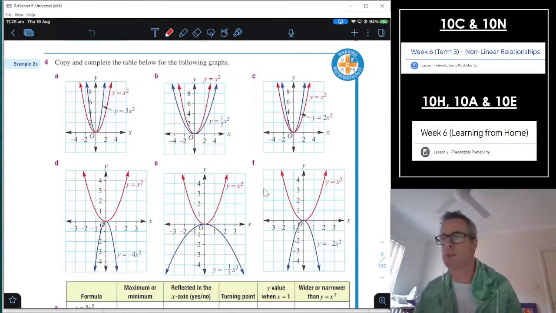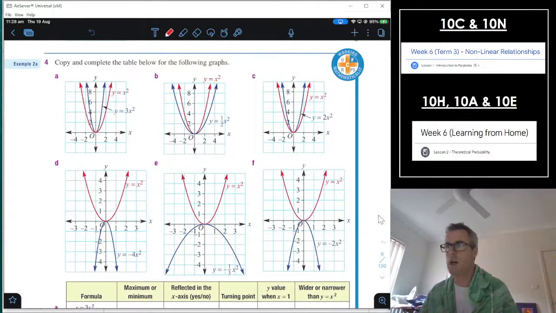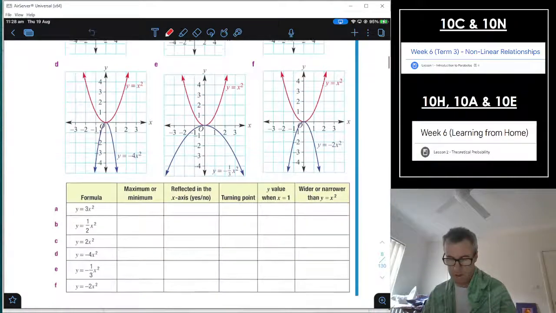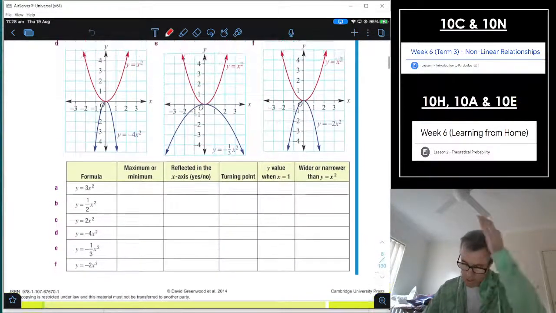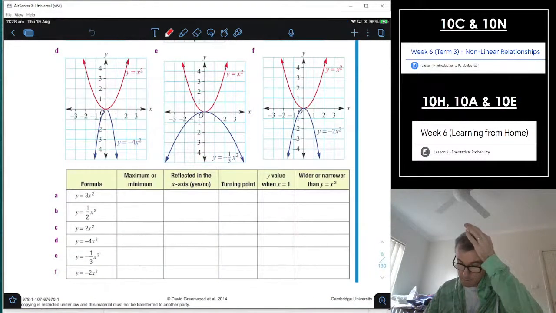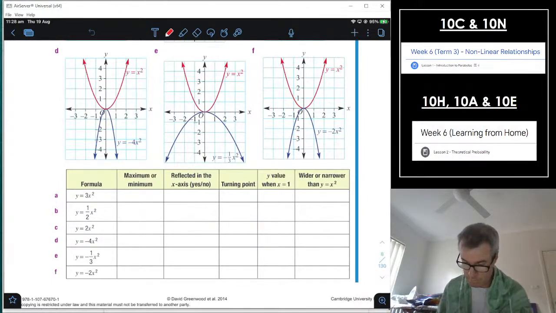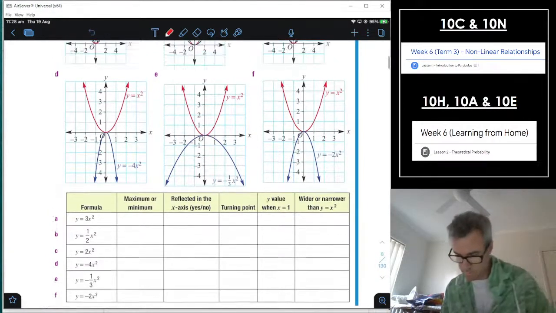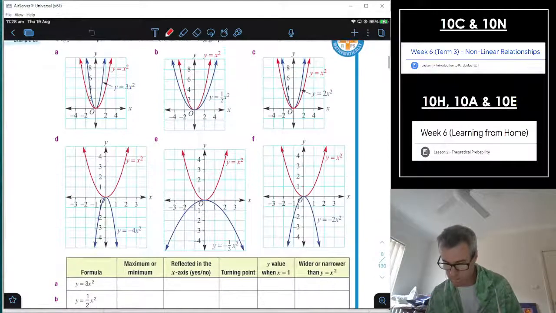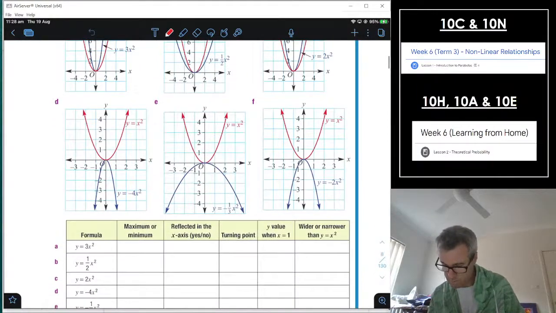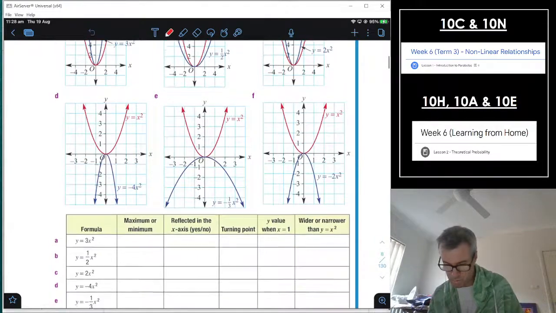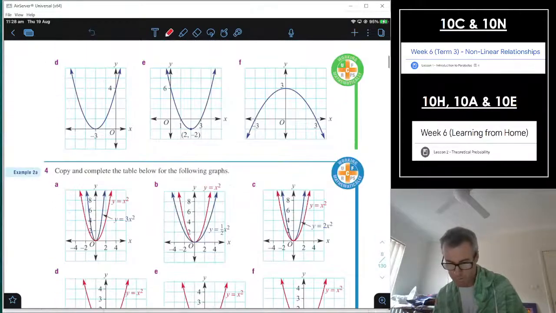Let's copy and complete this table. So I'm going to start with the turning point for the following graphs.